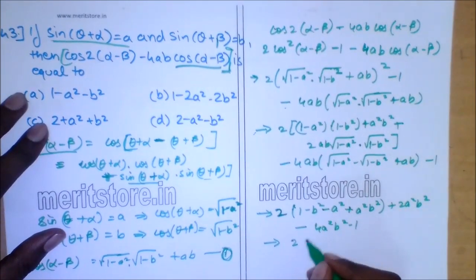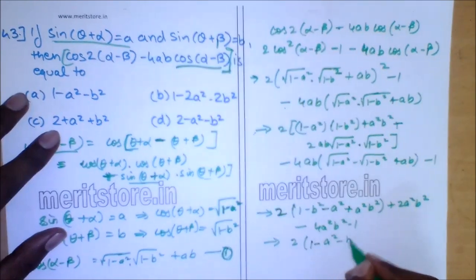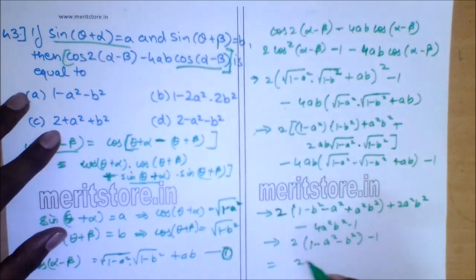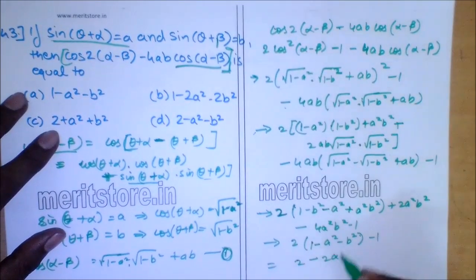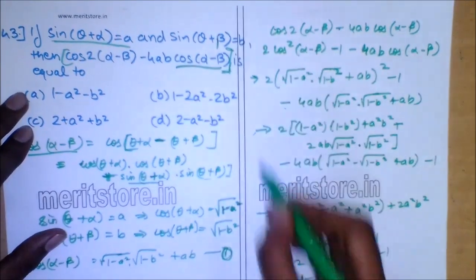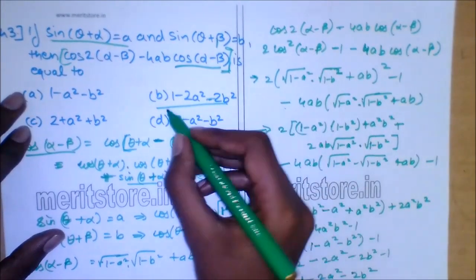That is 2 times 1 minus a square minus b square minus 1. That is 2 minus 2a square minus 2b square minus 1. That is 1 minus 2a square minus 2b square, which is option B. So the answer is option B.